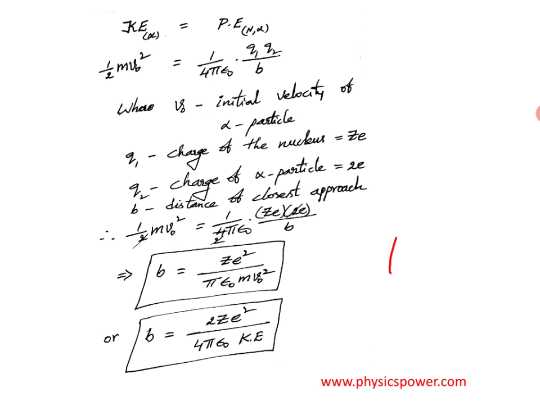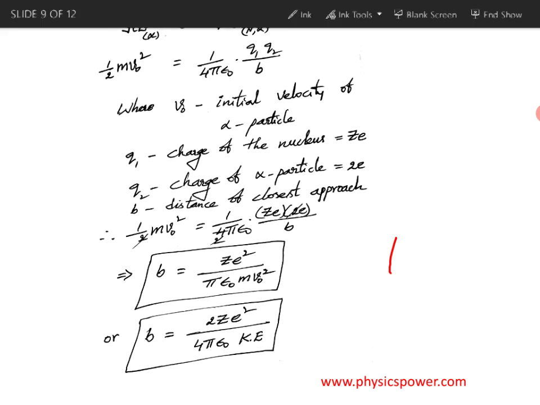According to electrostatic potential energy, the potential energy between the two charges is 1 by 4 pi epsilon naught into q1 q2 by b, where b is the distance between the two charges. Here our concept is the distance of closest approach, so that distance is b. Okay, so now let us see further.